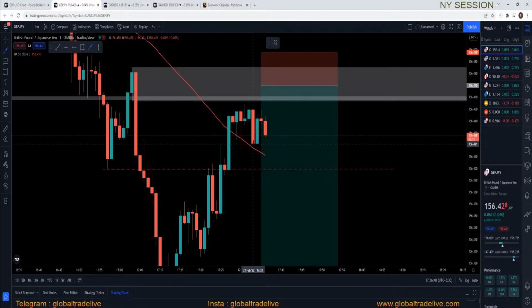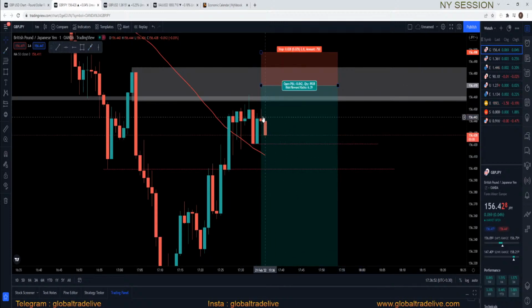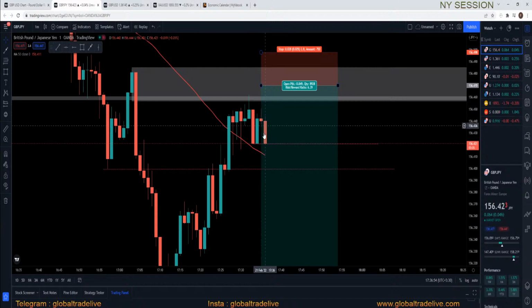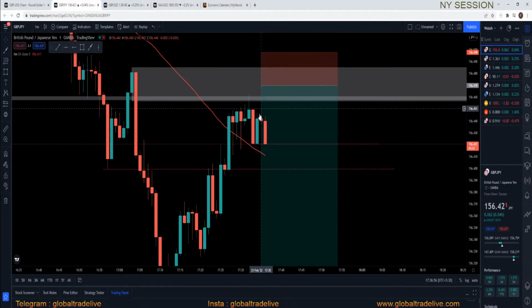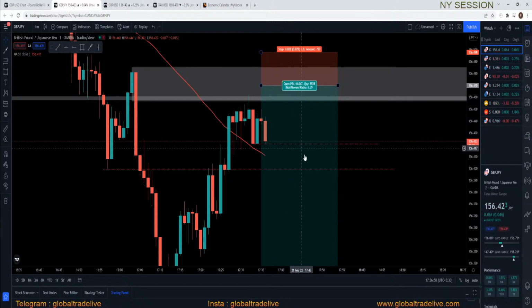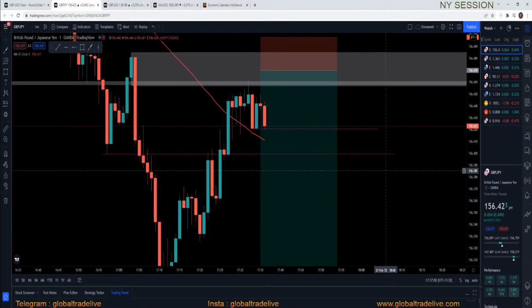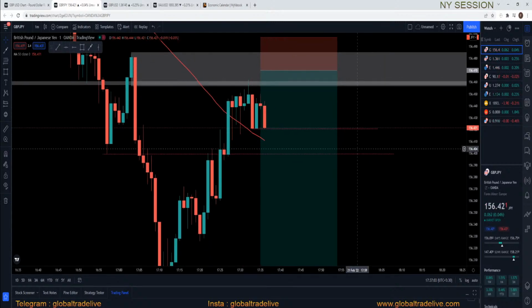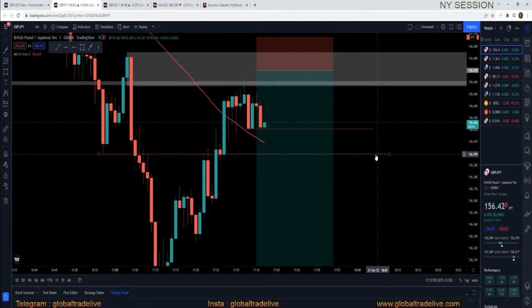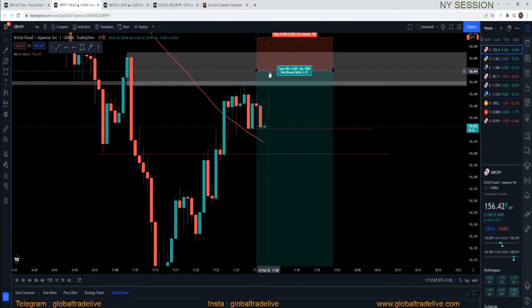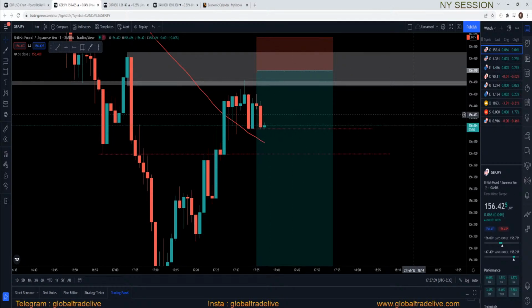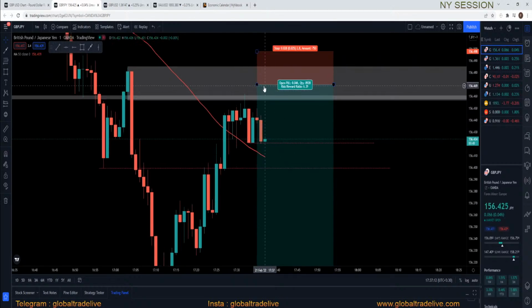So what I'm going to do is just mark another low over here. Then I'm going to wait for the market to enter this POI region, and from here I'll sell by keeping stops above this high. If it goes up to this level, that will be a really good thing, because the chances of going down will increase from this area.